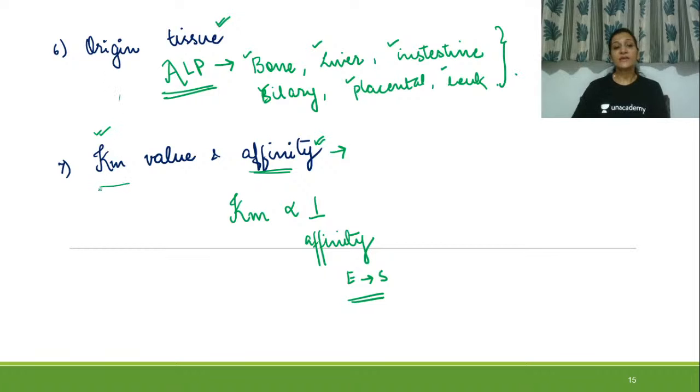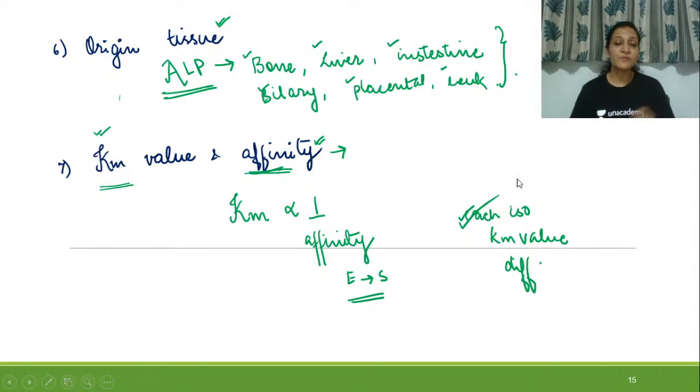So how do the Km value and affinity change in each case of isoenzymes? For each isoenzyme, the Km value will be different. Always remember that Km value can never be the same for different types of isoenzymes.